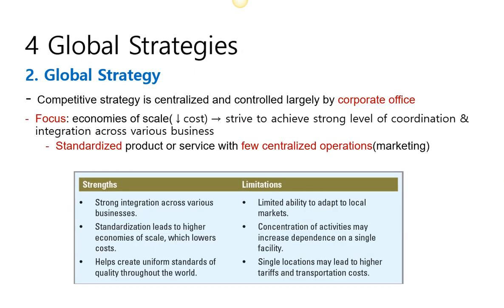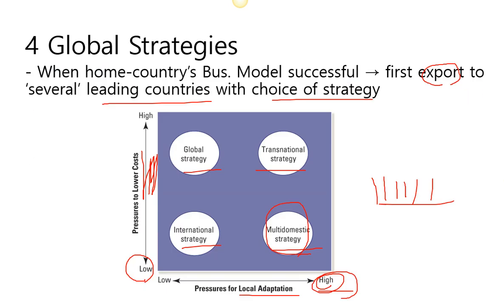Yeah, so you've looked at one extreme, multi-domestic. Then when your pressure to lower cost is high, but your pressure to adapt to local is low, what do you use? Global strategy.